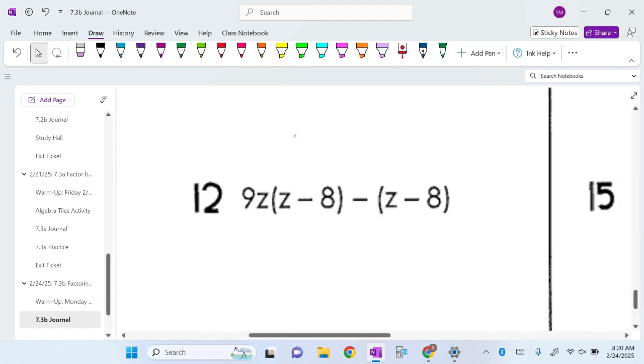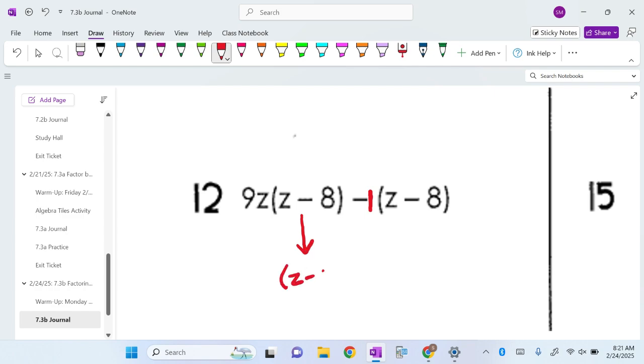What about this last one? First off, what's the unspoken value that this minus is right here? It's a -1. So keep that in mind. What's my first factor if I brought one of those bubbles down?